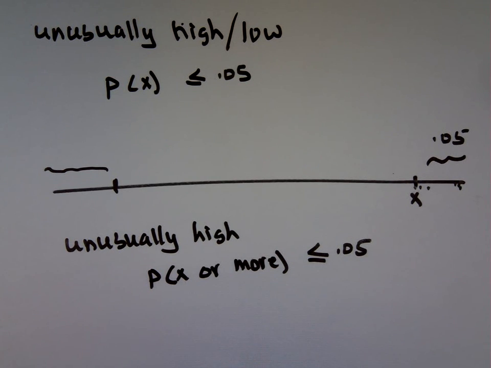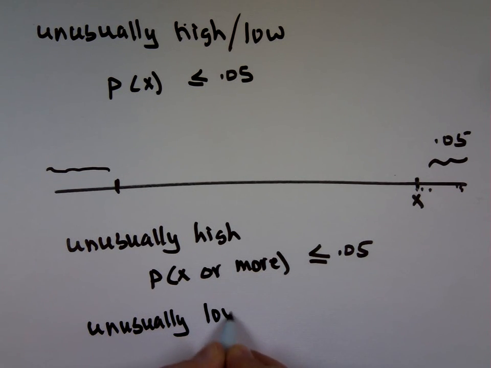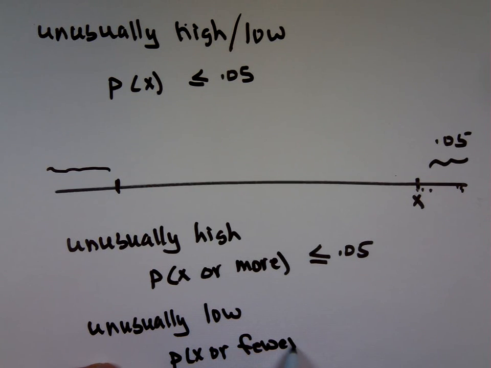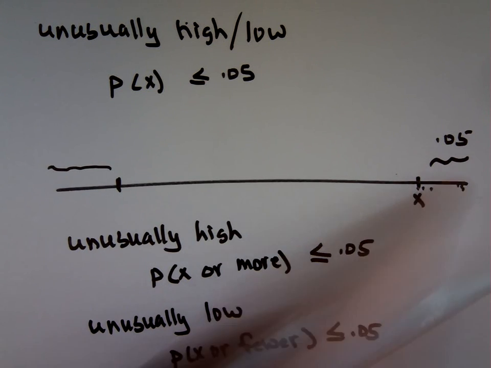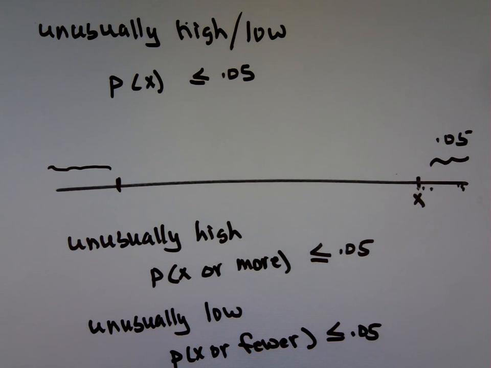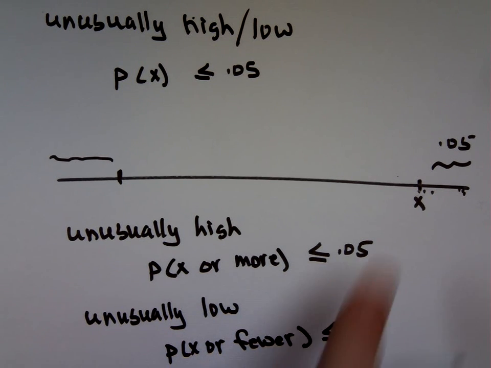Unusually low: the probability of X or fewer, less than that, is less than or equal to 0.05. That's in this group. This is unusually low, that's unusually high. So if your chance of getting that number or higher is 5%, that's unusually high.